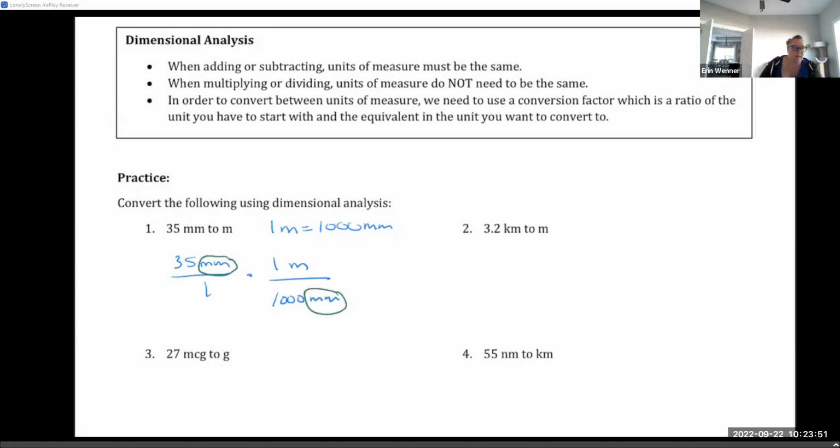So I get the question all the time, Erin, how do I know how to set up that second fraction? What goes on top, what goes on the bottom? Well, always pay attention to whatever unit of measure you're trying to get rid of is the unit of measure that will go in the denominator of that second fraction. So we multiply through, these millimeters will cancel and we'll have 35 over 1,000 meters, which when we convert that becomes 0.035 meters.